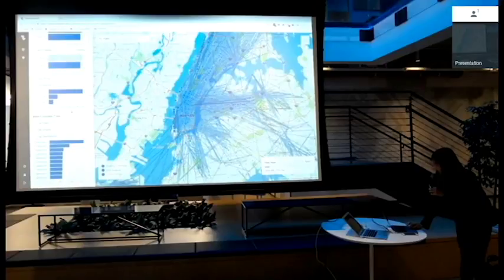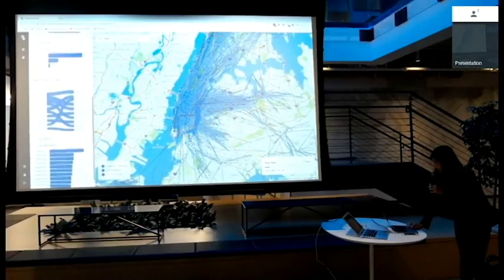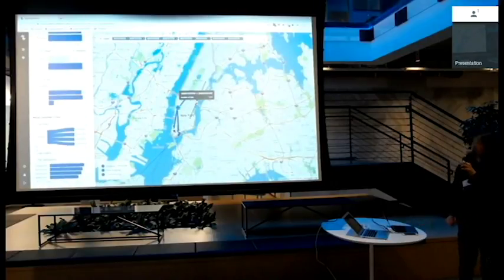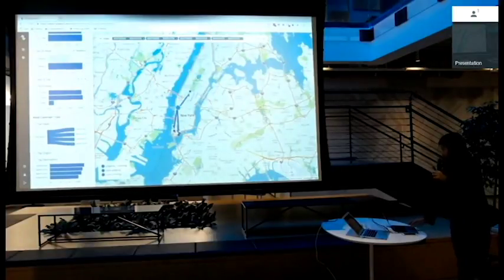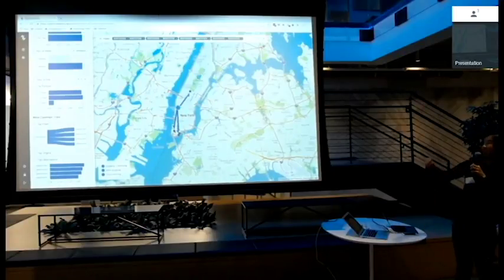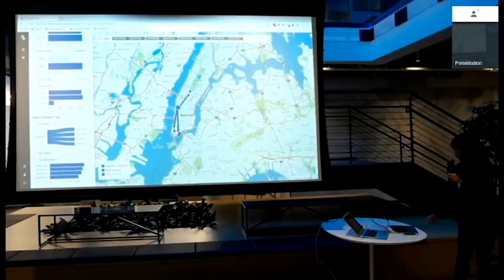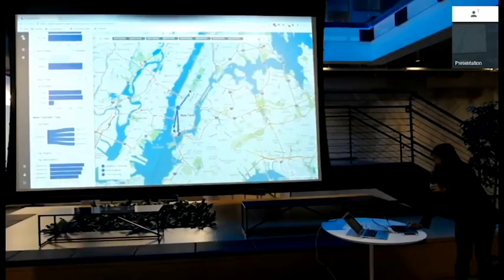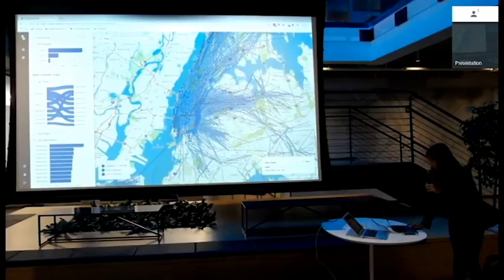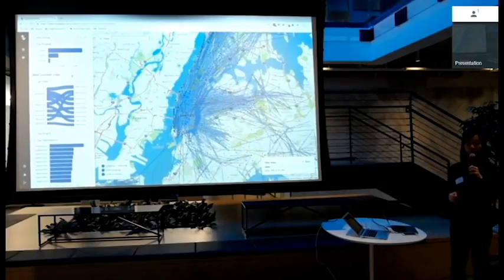But if I go to weekend, and again look at the top flows, and again select these top flows, there's this meatpacking area, between 14th to 16th Street, past 8th Avenue, going to FIDI and the Midtown area. That's how a lot of our clients click through this and find insights that way as well.